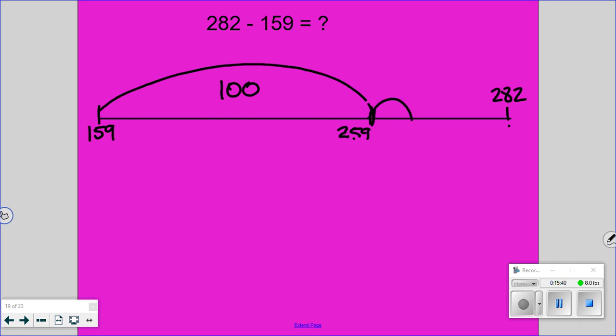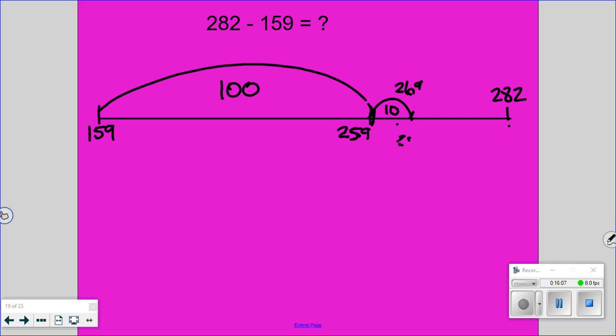If I do a 10 hop, I'm at 259. Where am I at now? Let's try not to yell out. Let's practice raising our hand. Archer? 269. Hey, that works. We're still under 282. Can I do another 10 hop?